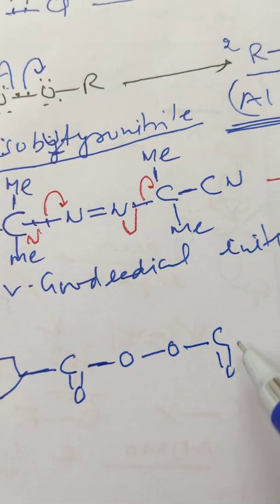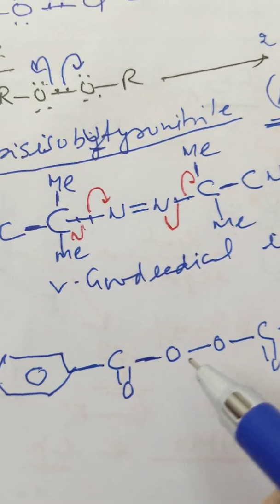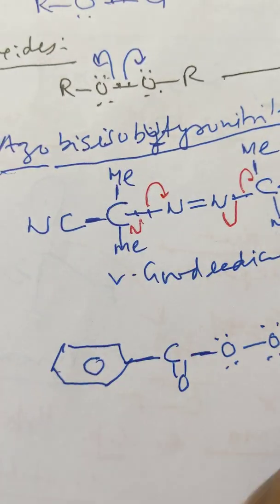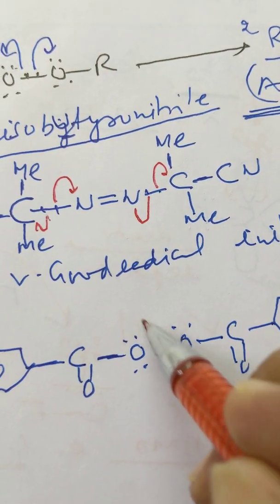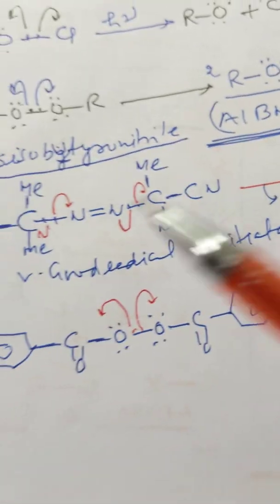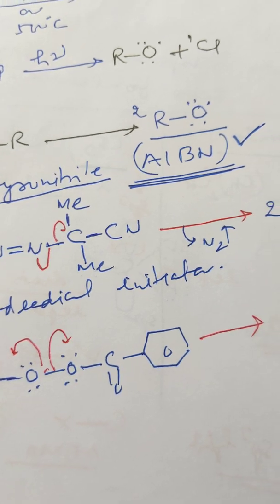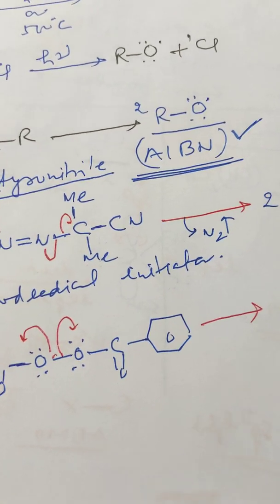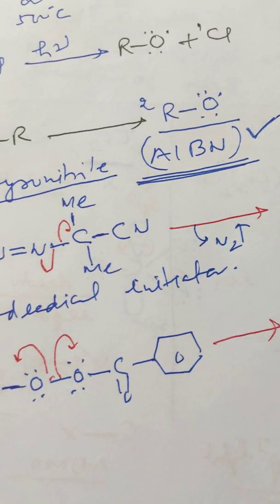See, this is your benzoyl peroxide, and benzoyl peroxide, like other peroxides, will undergo homolytic fission, and homolytic fission means this electron is taken by this, this electron is taken by this, and as a result of this, the species formed will be this C double bond O with an odd electron over this.